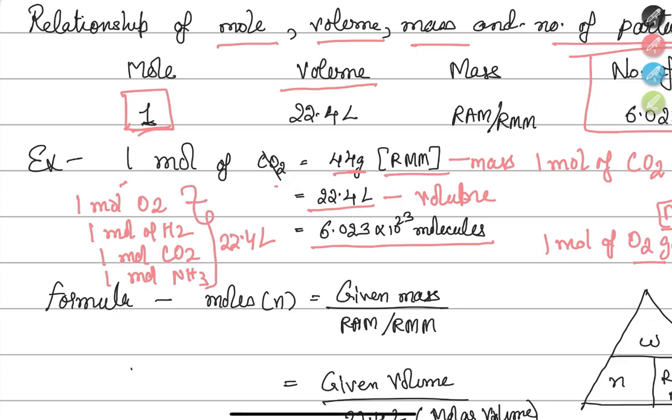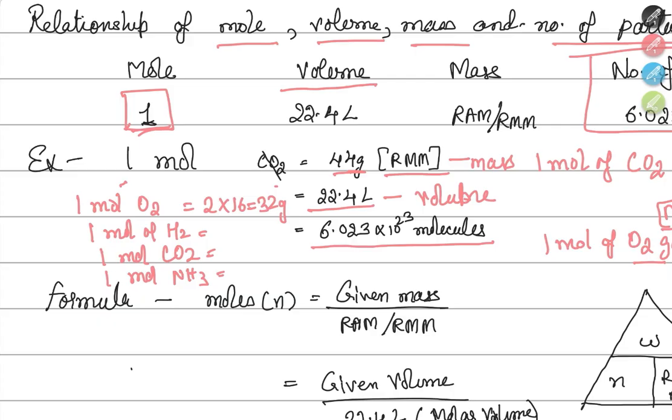If I say 1 mole of oxygen gas occupies what mass? 1 mole of hydrogen gas occupies what mass? So for 1 mole of oxygen, how do we calculate? There are 2 oxygen atoms. Each oxygen mass is 16. So I can say 32 gram of oxygen gas is present in 1 mole. Similarly, for hydrogen, it is 2 into 1, 2 gram.